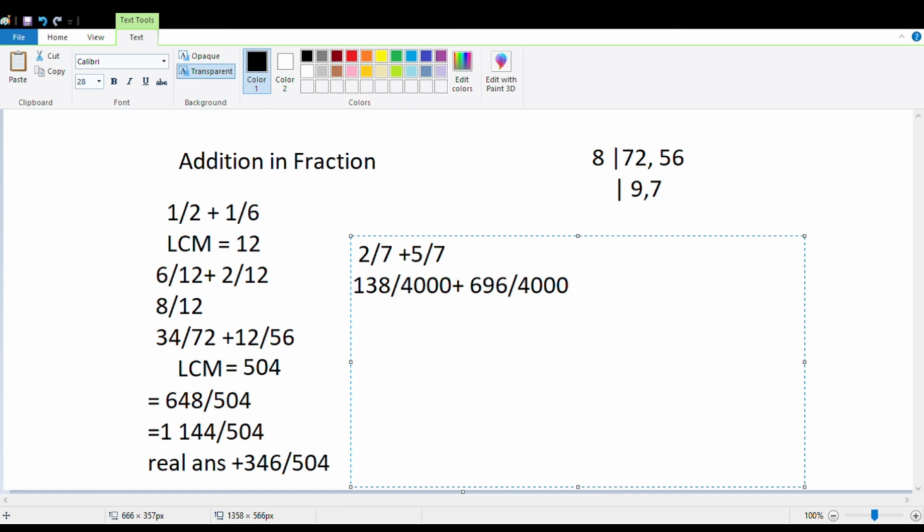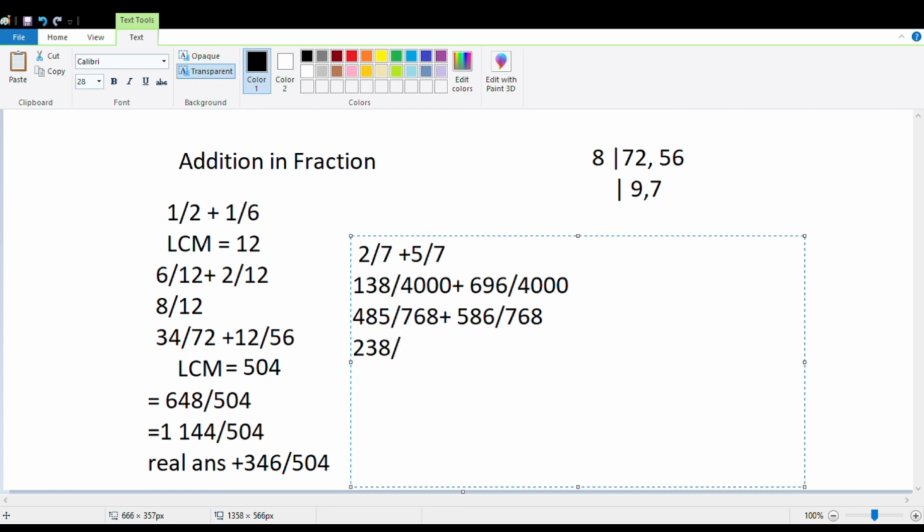And another like fraction sum: 485 by 768 plus 586 by 768.